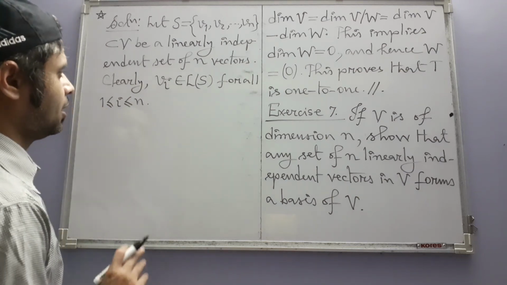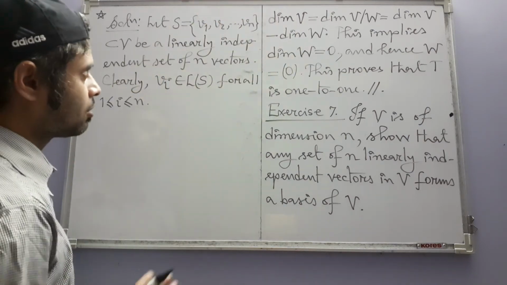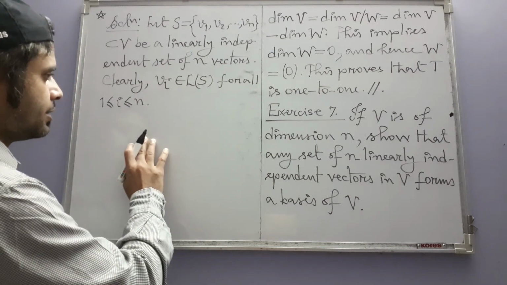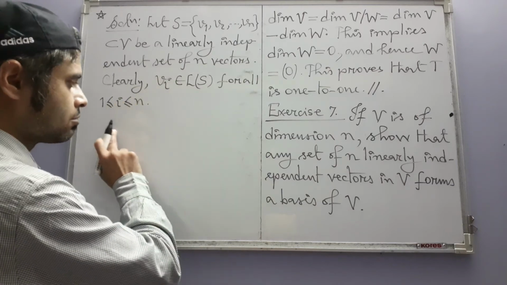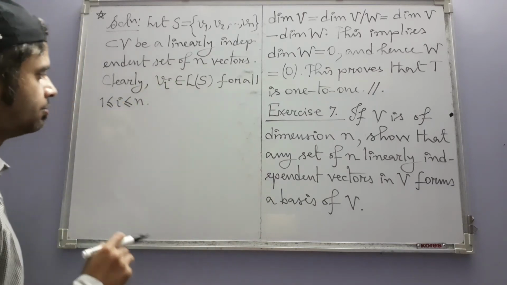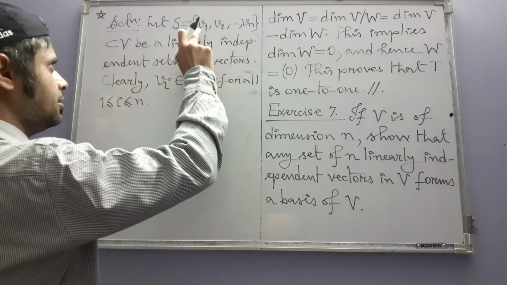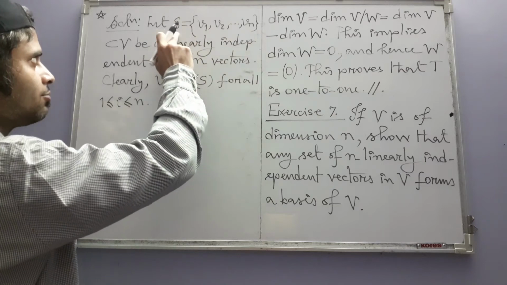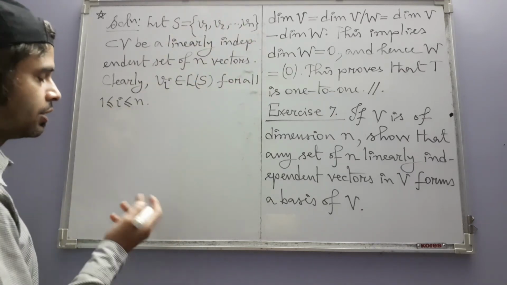In a trivial manner, each Vi is a linear combination of these Vj's, where in particular it is that linear combination where only the coefficient of Vi is 1 and the other coefficients are 0. So they are linear combinations of elements in S. Now we look at the other vectors.